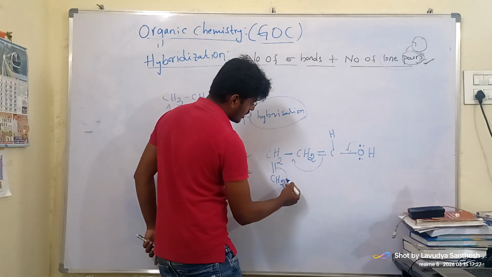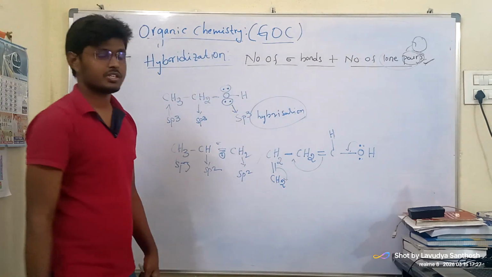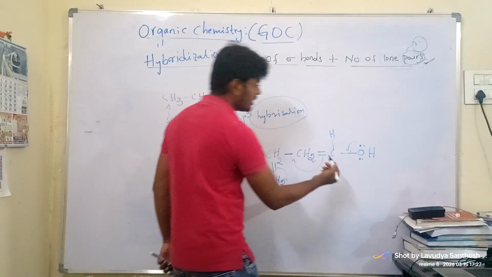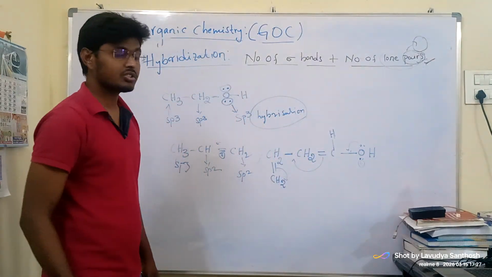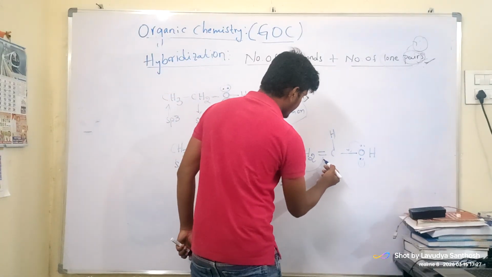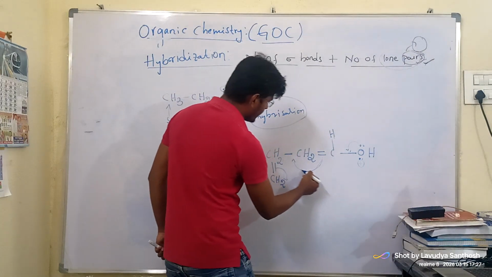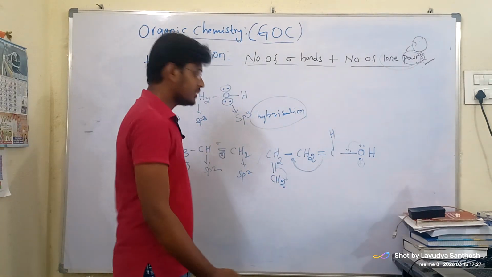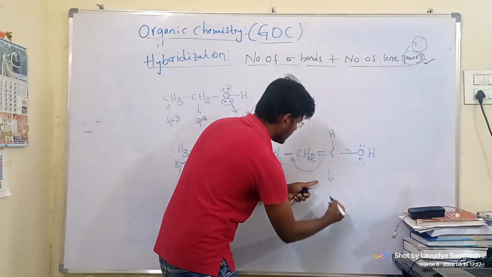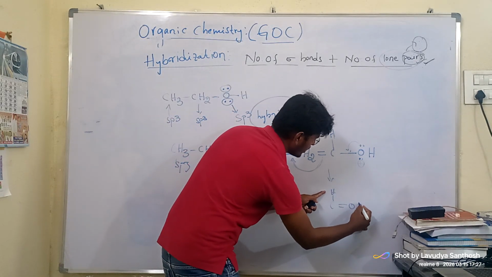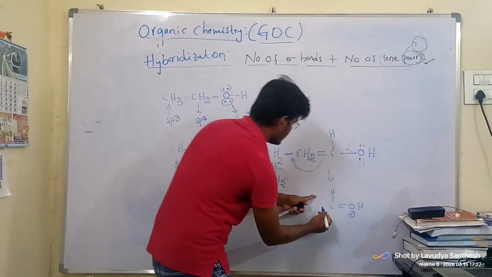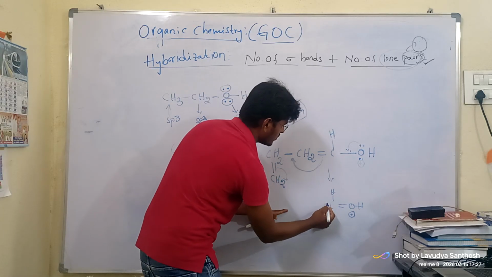Now this will be getting positive charge, and then this is migrating here, okay, this is the resonating form. You just understand this. I will be writing here OH positive.